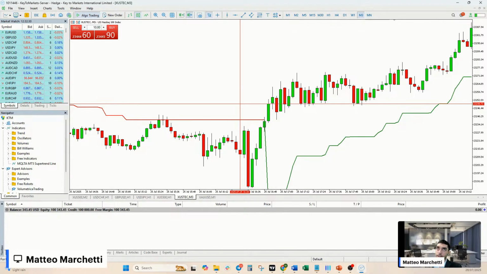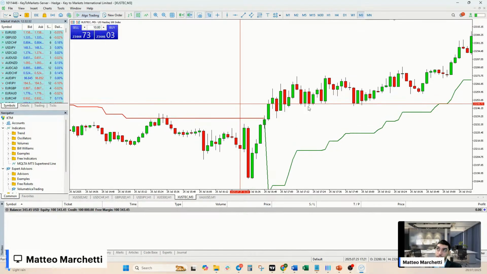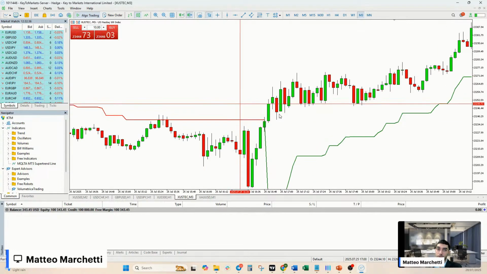From here, this is where we have to think about risk reward and risk management. What I like to do is enter a long trade here for a certain size.